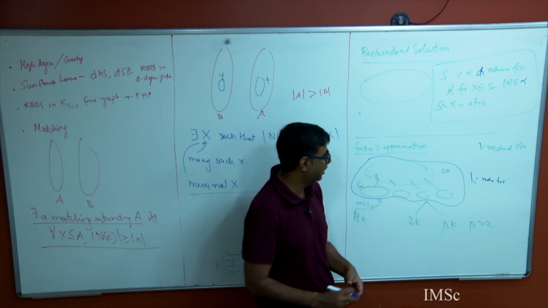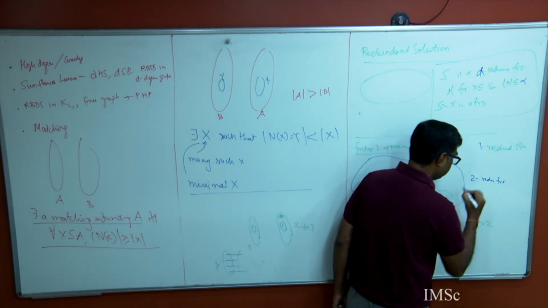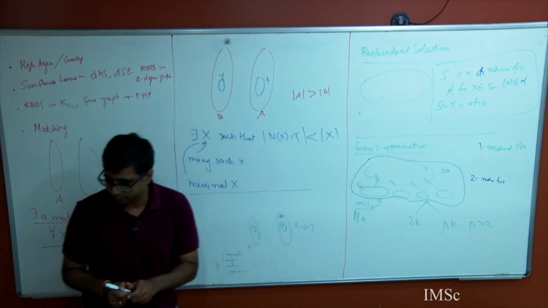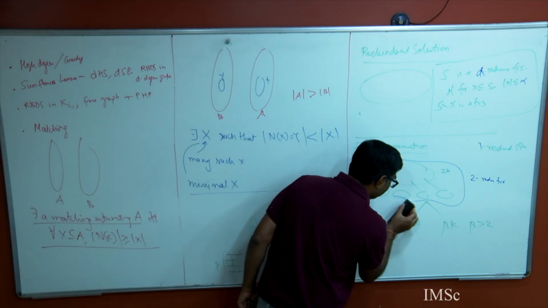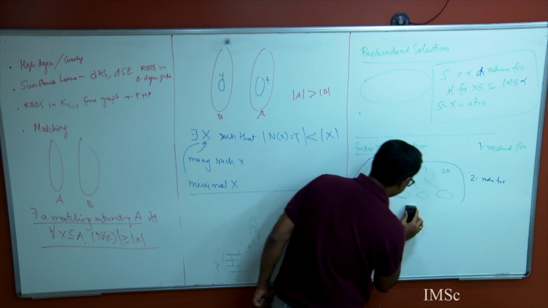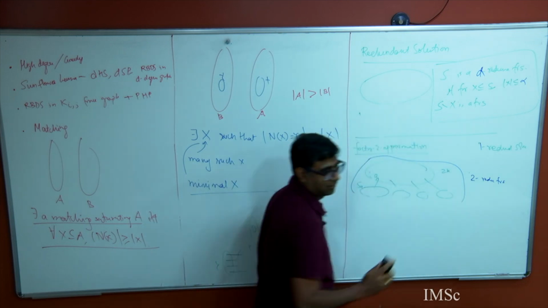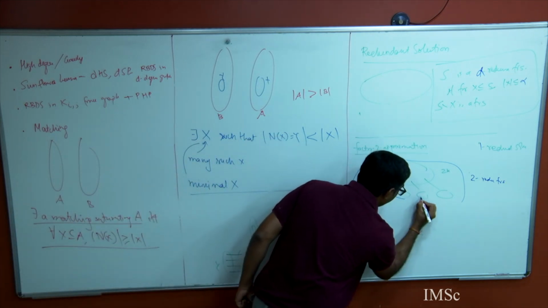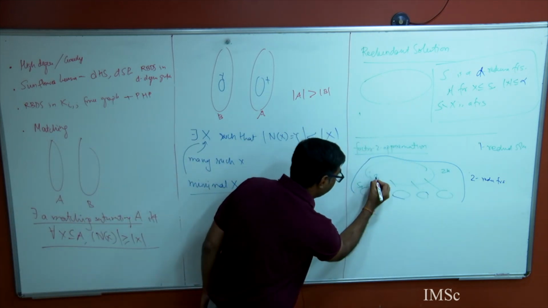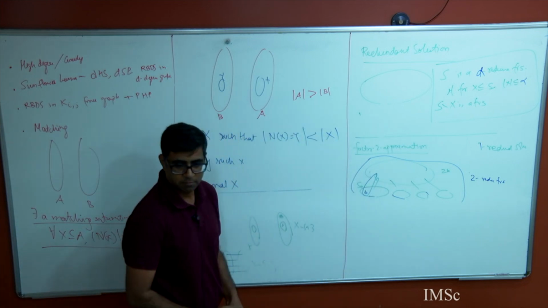Okay, now let us try to make it a 2 redundant solution. I will do the same thing, but now the definition becomes slightly more tricky, and there is a reason why I am drawing it like this. I will pick up A and I will pick up some B from here.